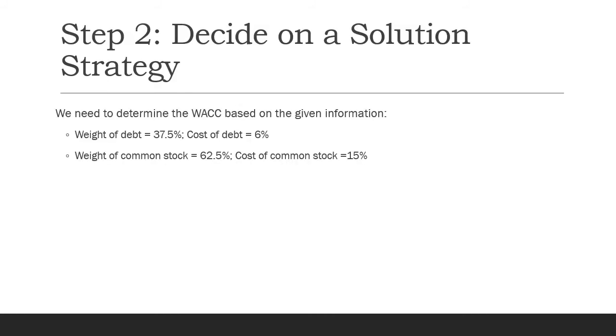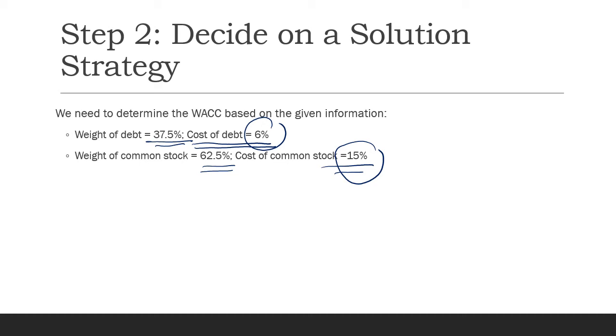Okay, using the same problem, there is further information given. We can see here that the cost of debt is fixed at 6%, while the cost of the common stock will be 15%. How do we calculate the weightage of each component of the capital?